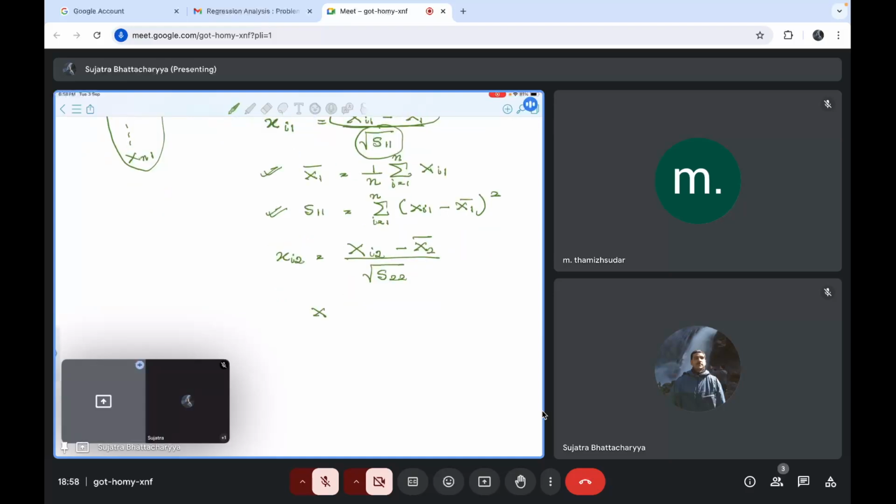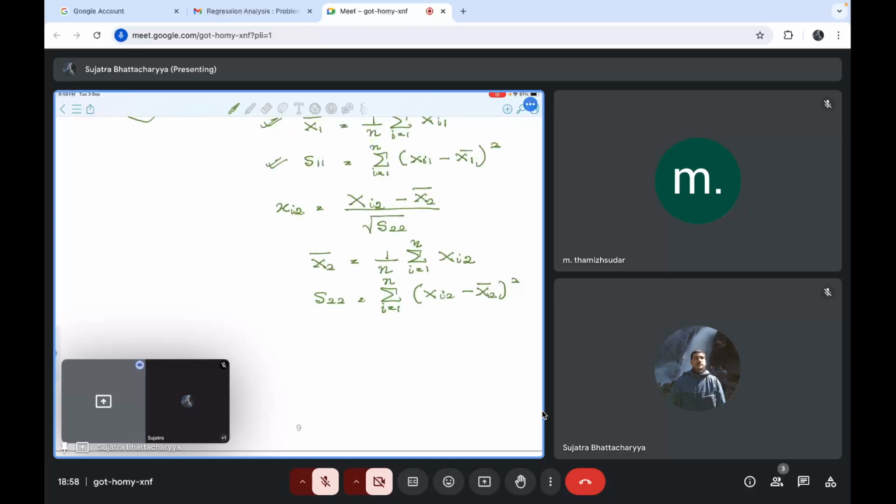Again, x2 bar is 1 by n, the summation i equals 1 to n of xi2, and S22 is the summation i equals 1 to n of xi2 minus x2 bar, whole square. This is the definition.